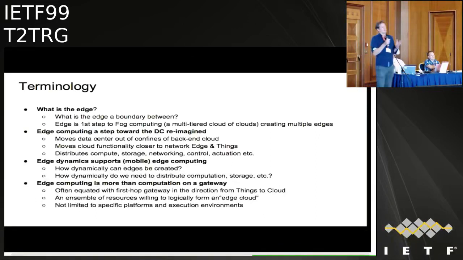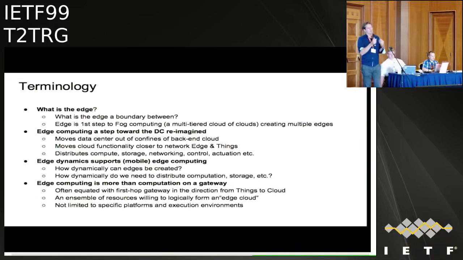So moving computation, but also storage, control, management out of data centers. One interesting question is, what are actually the dynamics that we're talking about? So there are ongoing activities, for example, things like ETSI mobile edge computing.